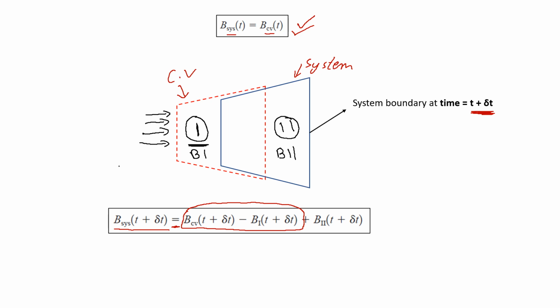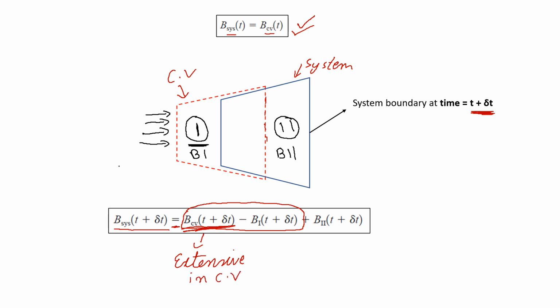This is my control volume. This red dashed line is my control volume. So this term B is my extensive property in the control volume.